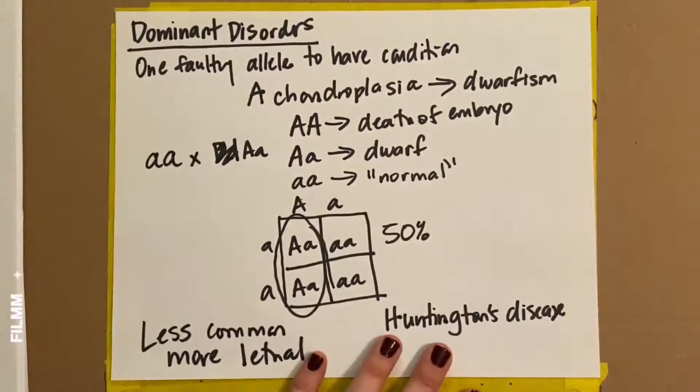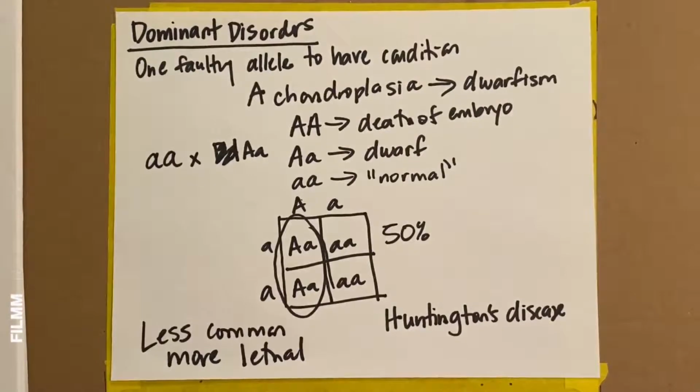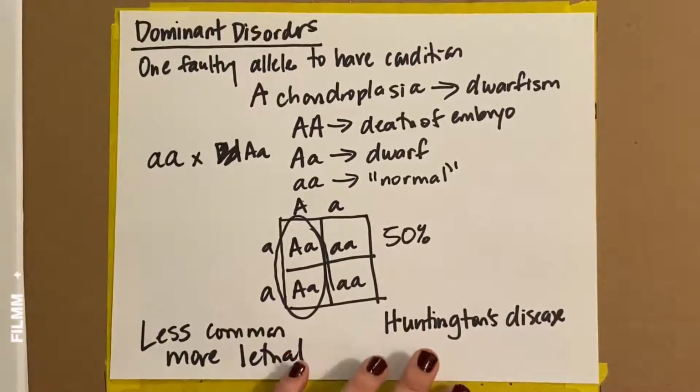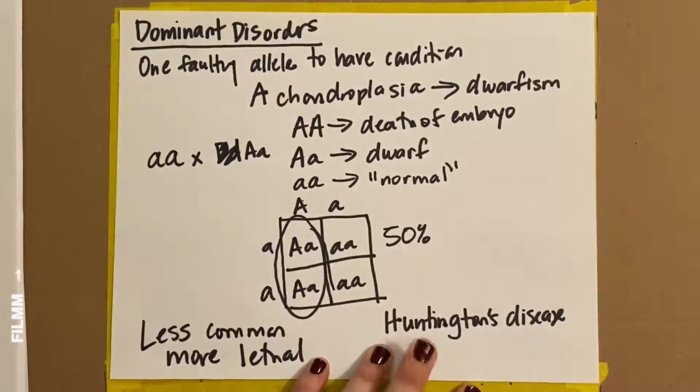So individuals that have this will have had children already and not know that they actually have the disease. When you have an individual with Huntington's disease, they have a 50-50 chance that they will pass it on to their offspring. So it's a very high probability, and this is a deadly disease. These individuals do not live for very long after they start to progress into the disease.